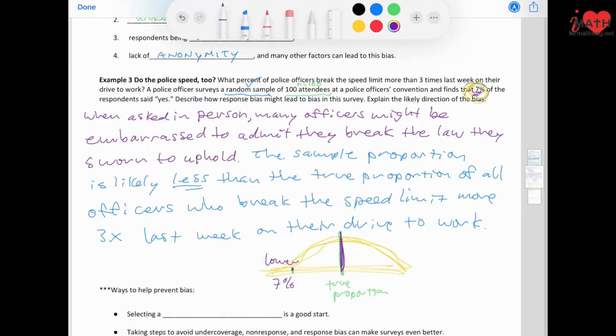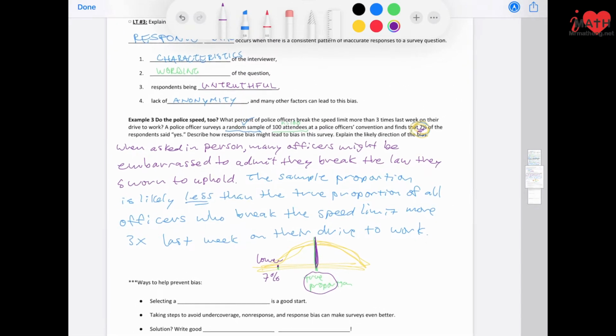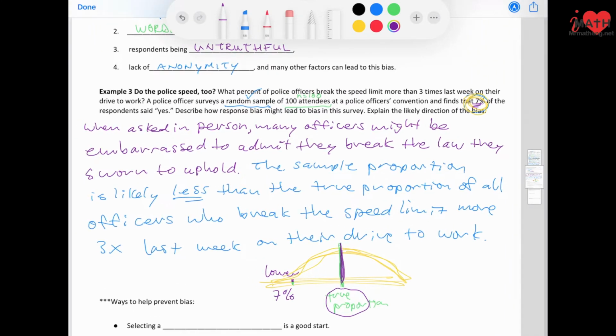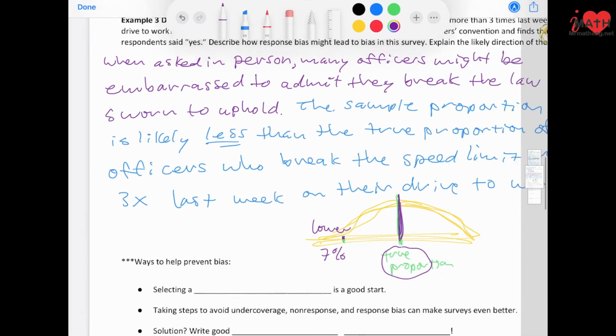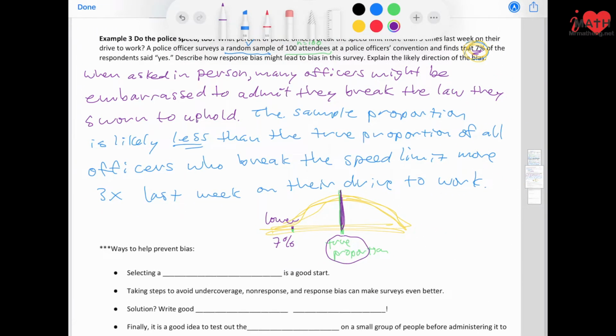So this little visual, I don't know if it helps you. It helps me with the logic. You want to know, well, what's the truth? Do police officers speed? But again, the response bias is going to be based on, well, they don't really want to be truthful, because if they're writing a news article, then they might write something bad about them.